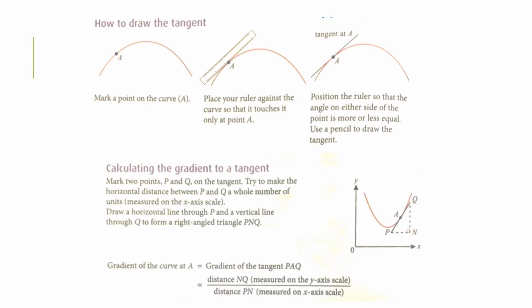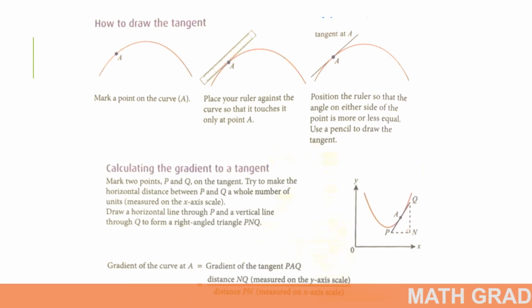So how can we calculate the gradient having the tangent? First, you mark two points, like P and Q, for example, at the edges of the tangent line, and try to make the horizontal distance between P and Q a whole number of units. This means I already have this one.